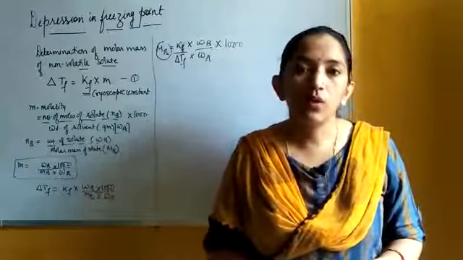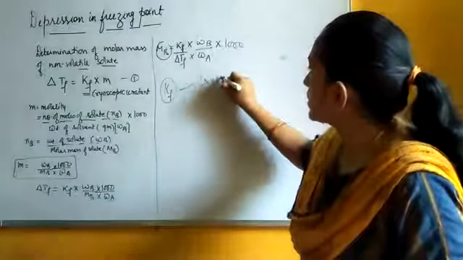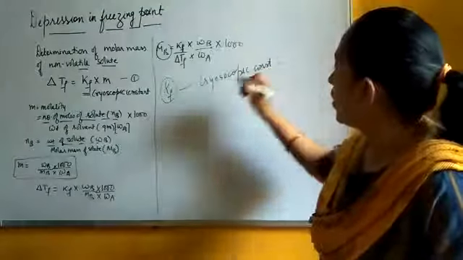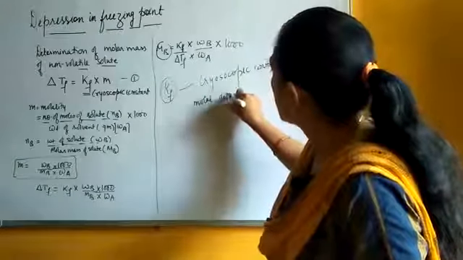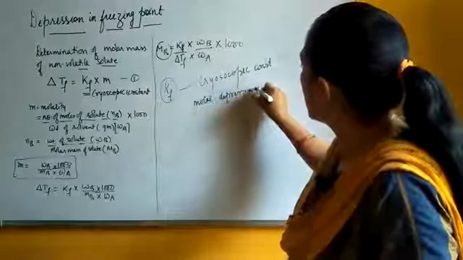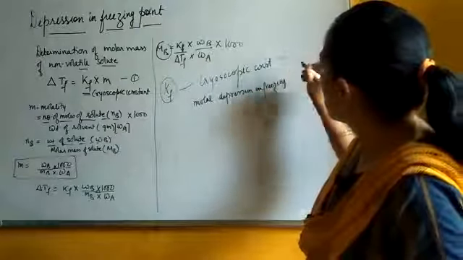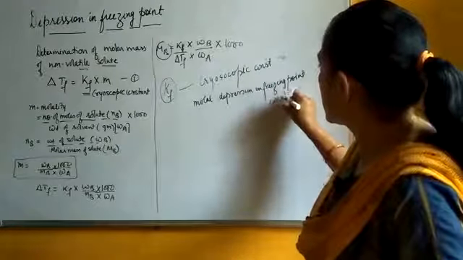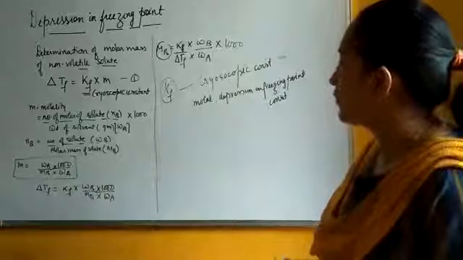Now students, Kf, I skipped it. What I said is that it's a cryoscopic constant, also known as molar depression in freezing point, freezing point constant, or molar depression constant in freezing point.